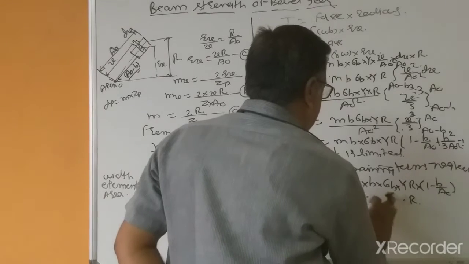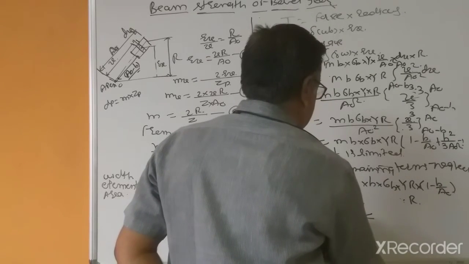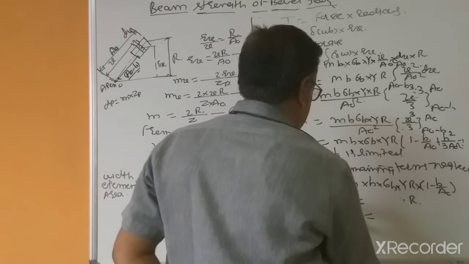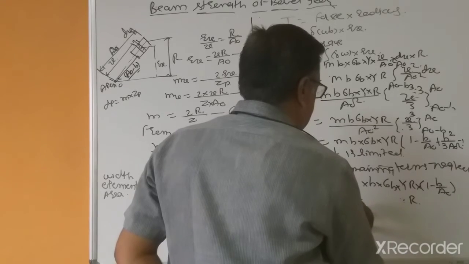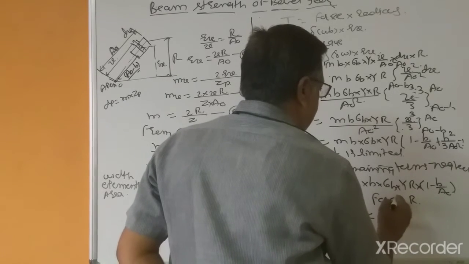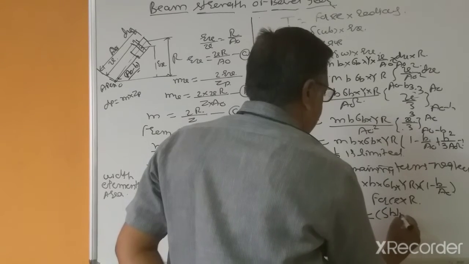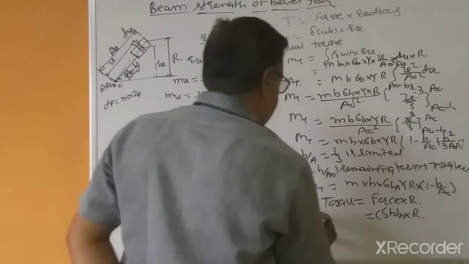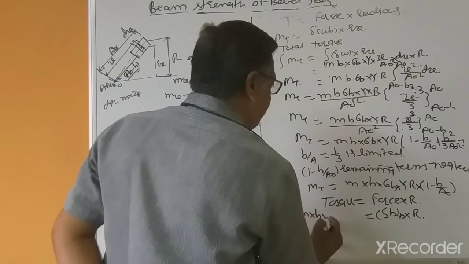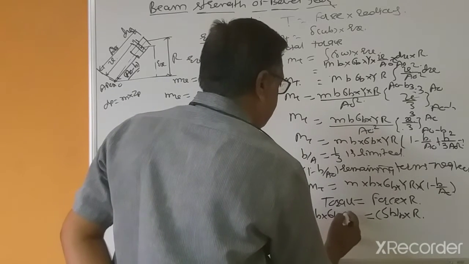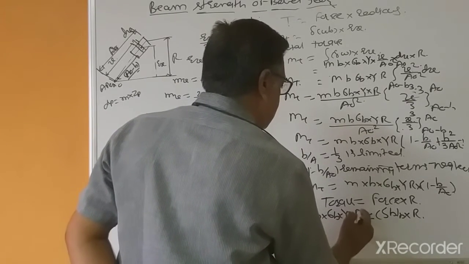or torque equal to, sorry, because torque equal to force multiplied by radius, so this is beam strength and this is m b sigma b, this is y into r.